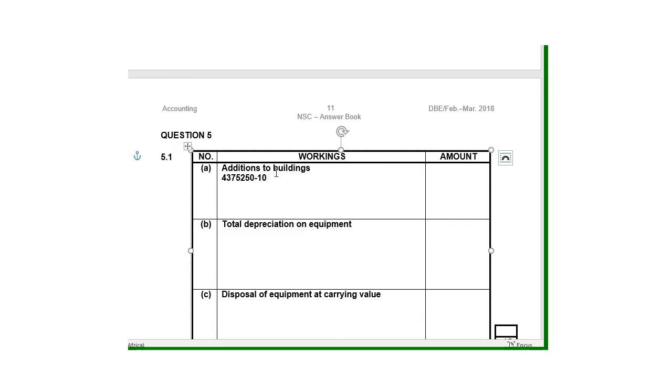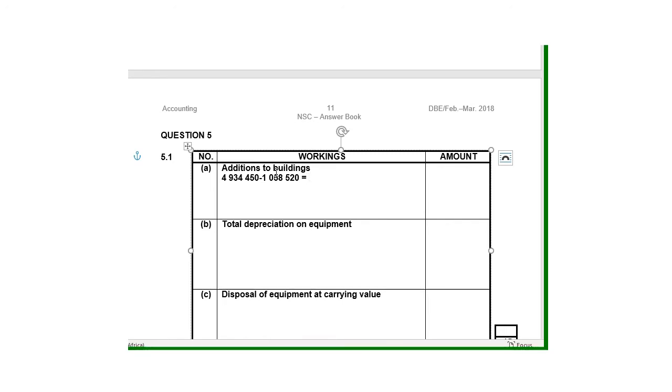So the carrying value in total from the list of the balances from the financial statements was 4934450, and the total for equipment was 1058520.